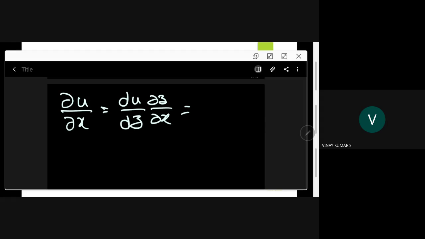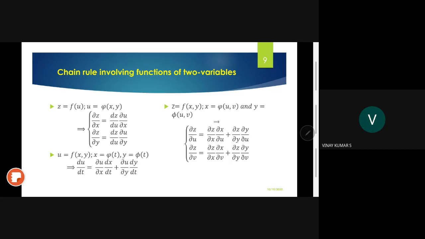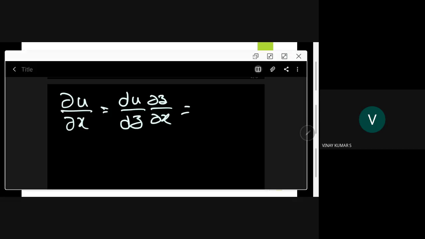So we want ∂u/∂x again, right? I'm in the right direction, right? So ∂u/∂z plus d into ∂z/∂x. Okay, good. What did I write here? ∂z/∂x.